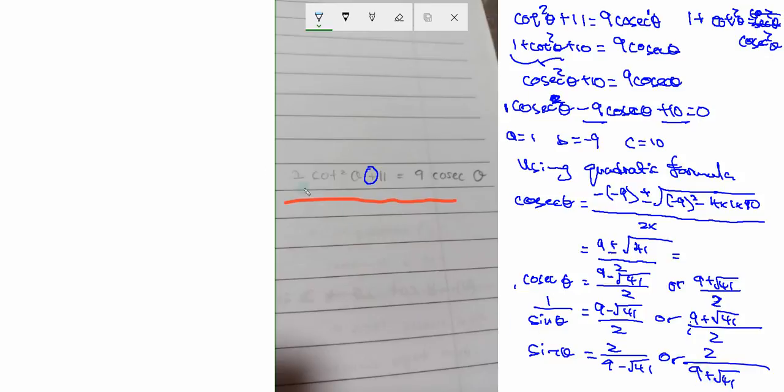Okay, now from here let's calculate the value.